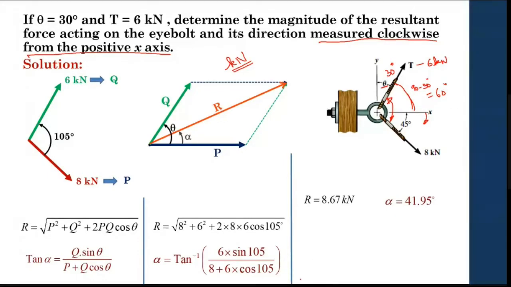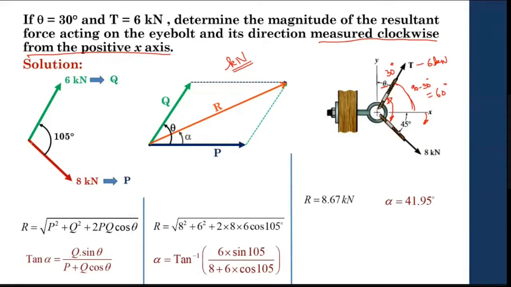Now let us proceed. Alpha is 41.95 degree. But what the question wants is alpha measured clockwise from the positive x-axis. So it says you have to measure clockwise from the positive x-axis.